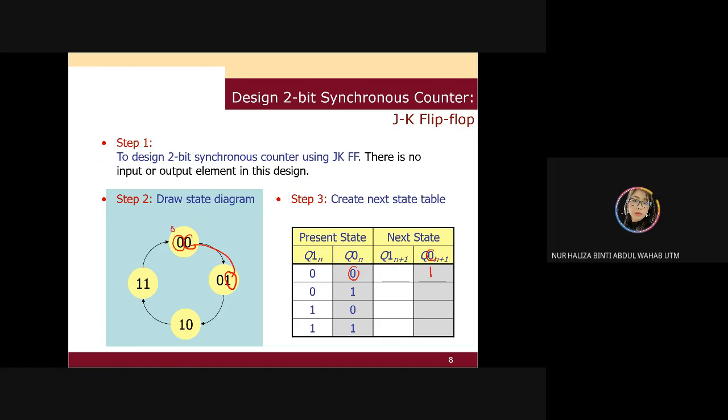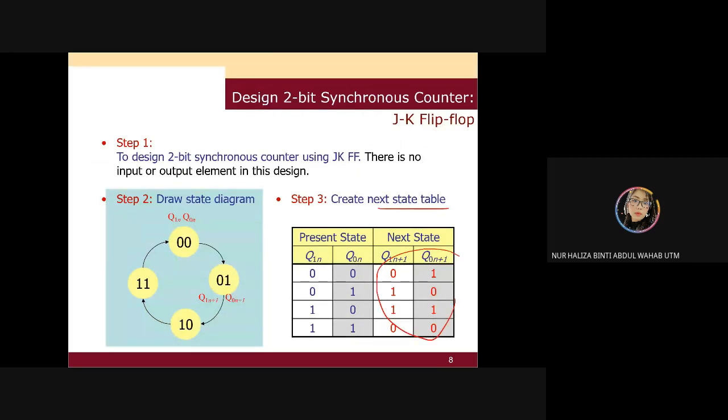Our Q1 here, for the next will be 0 to 0. Similarly, this goes to here, this one goes to here, and this one will be here, depending on your MSB, LSB also. So you're going to come up with this next state table.